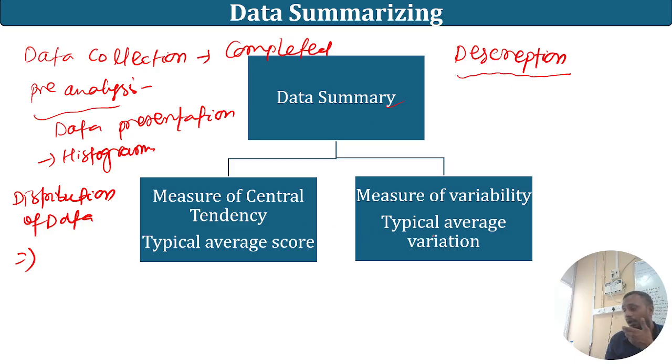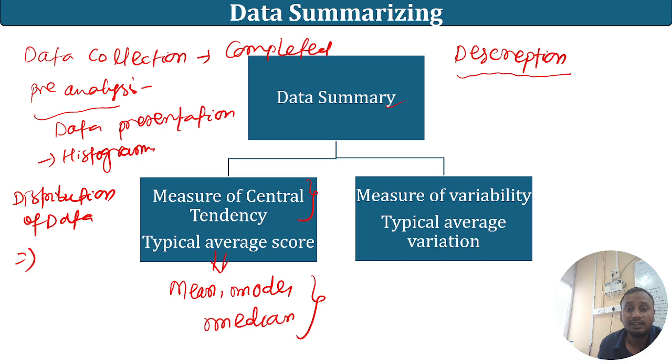For the data summary, the first one is the measure of central tendency, which includes mean, mode, and median. This gives the idea of the average value of that particular data set, sample, or population.